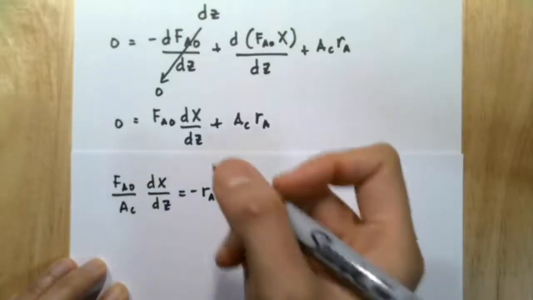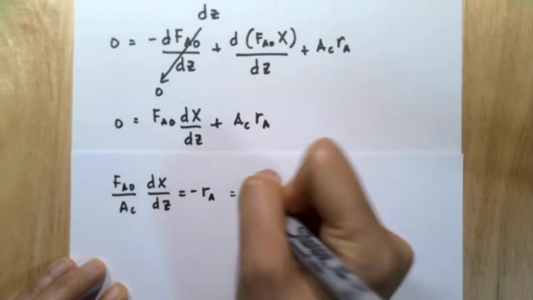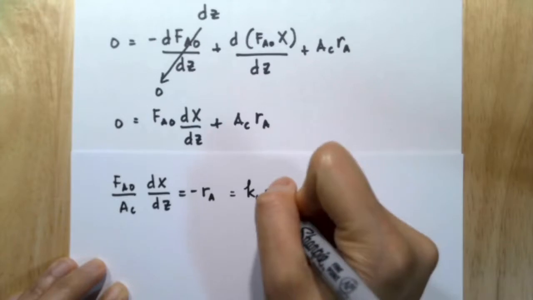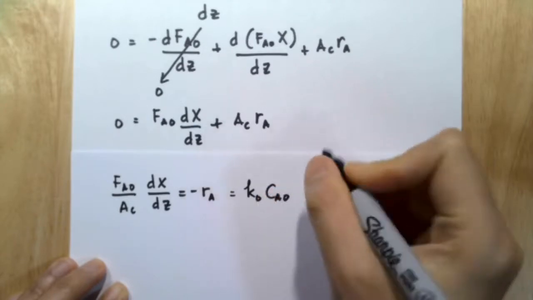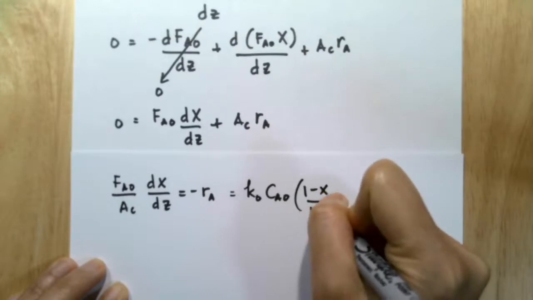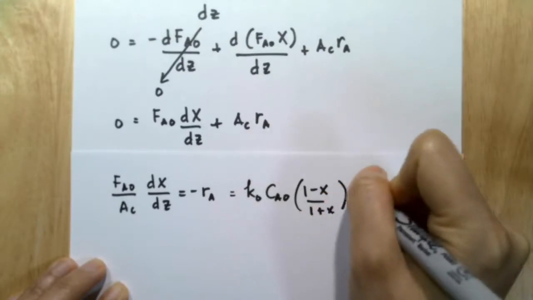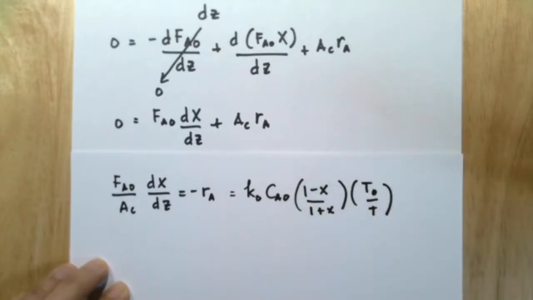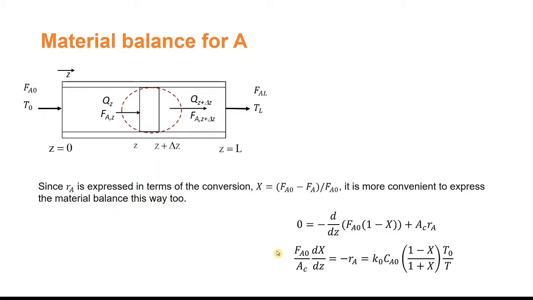So this is equal to K naught CA naught, 1 minus X over 1 plus X, times T naught over T. This is the expression that we just derived.